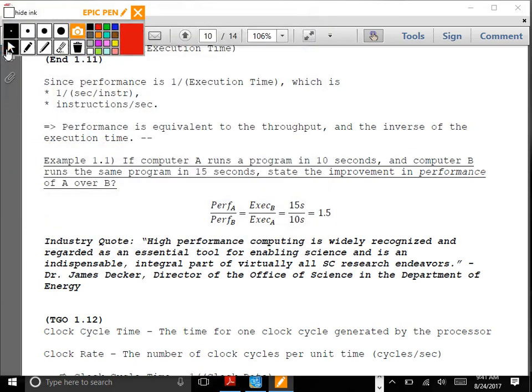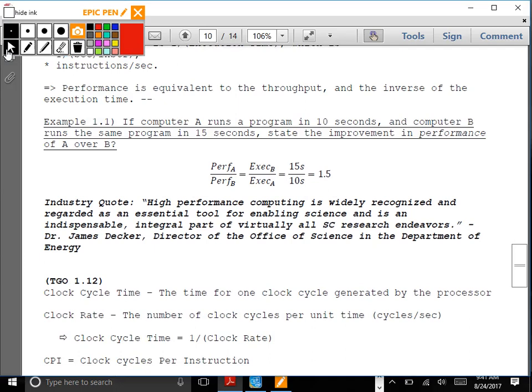All right, any other questions? All right, yes. The example questions that we have on Blackboard. All right, don't worry about those. The example questions, I'll make sure they're updated.